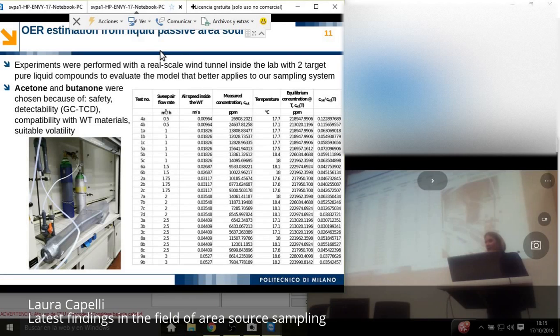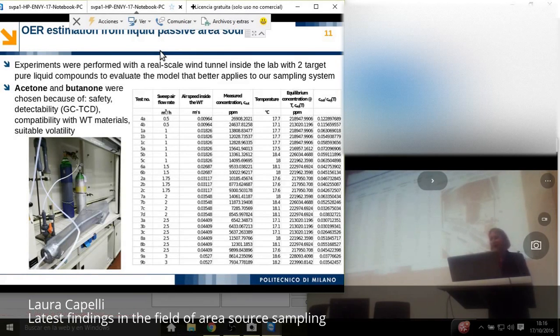Honestly, when we decided to perform these studies, our first goal was to prove that wind tunnels were not a suitable sampling method for landfills, because in 2005 we published a paper about odor emission factors from landfills that has been cited a lot, and unfortunately the numbers we gave there are like 2 orders of magnitude higher than those we found now.